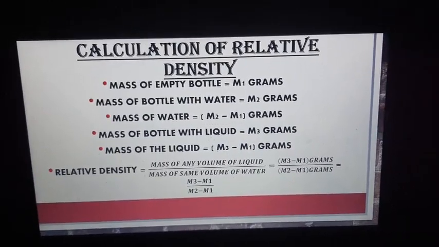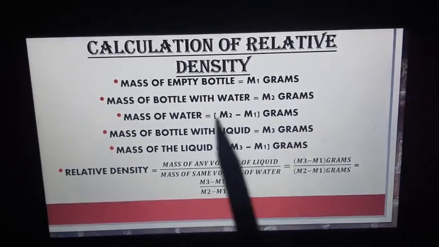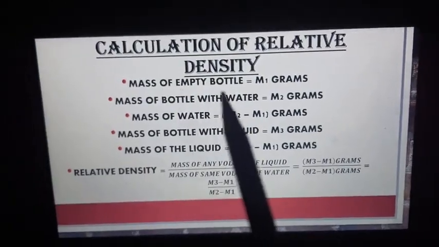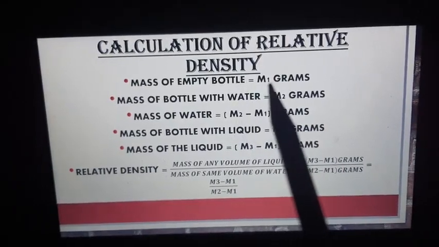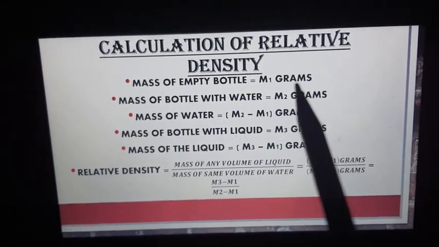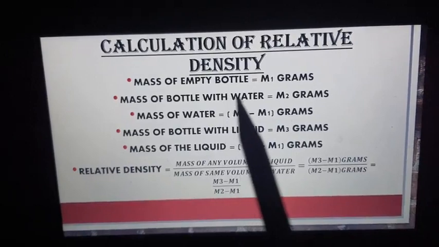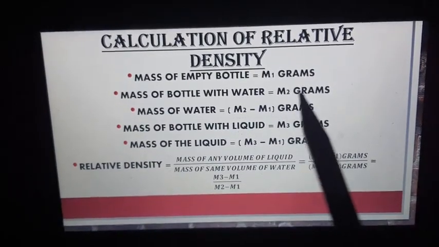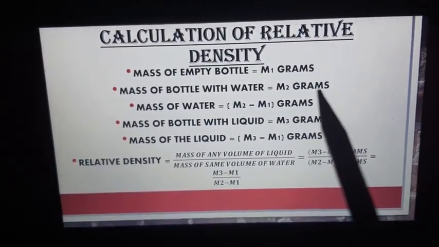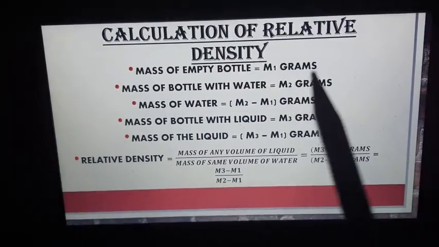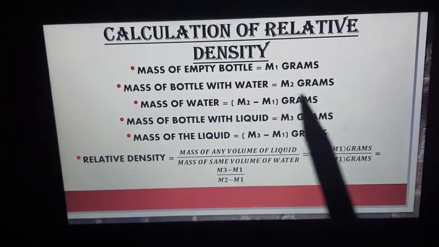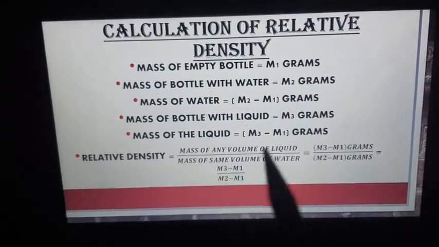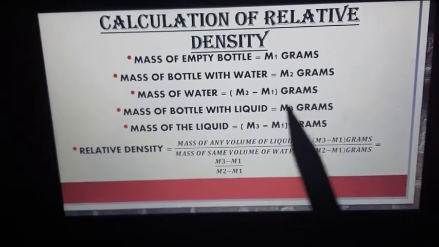Now let's deal with the calculation of the relative density. First, we found the mass of the empty bottle. Let's assume it to be M1 grams. Mass of the bottle with water, let's assume it to be M2 grams. So if the empty bottle is M1 and the bottle with the water is M2, what is the mass of the water? It is M2 minus M1 grams.